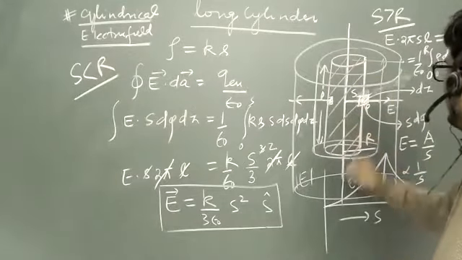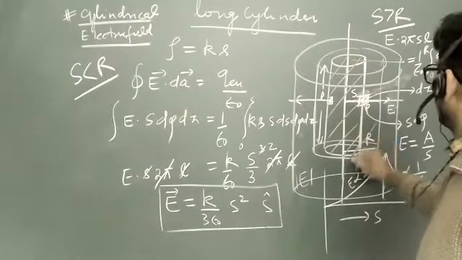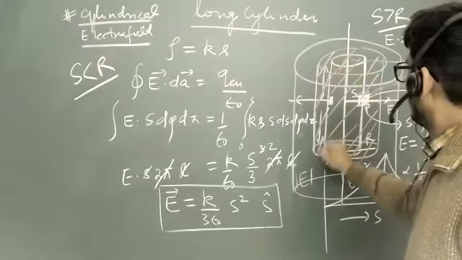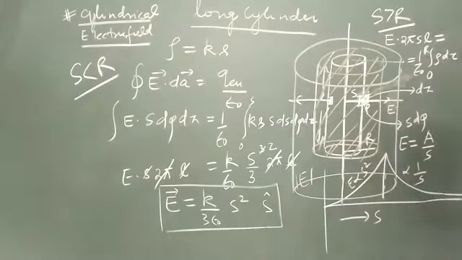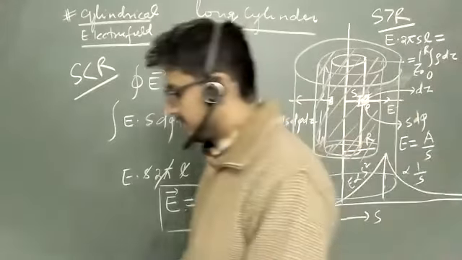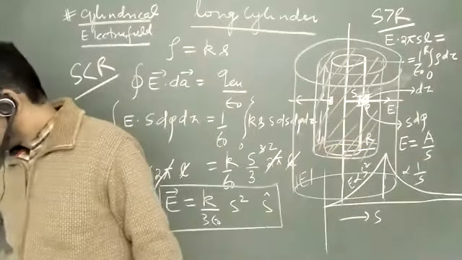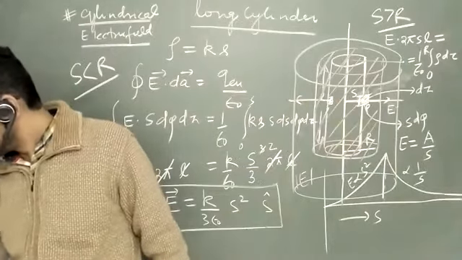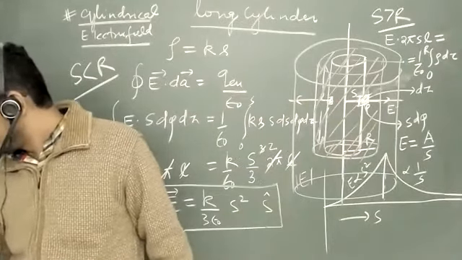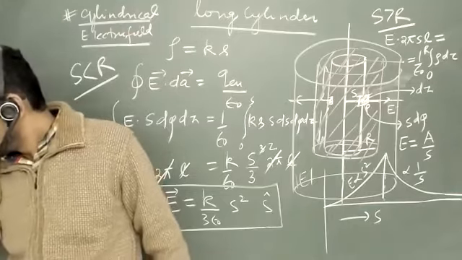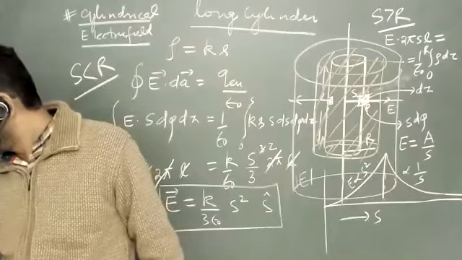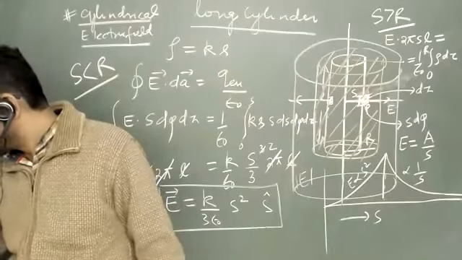Only in this volume you have charge, so it will be only 0 to R, correct? Any doubt in this? Feel free to ask. These are general questions which I am doing, small questions, but they are important to actually understand.